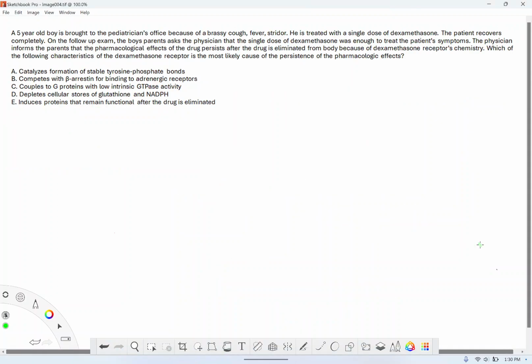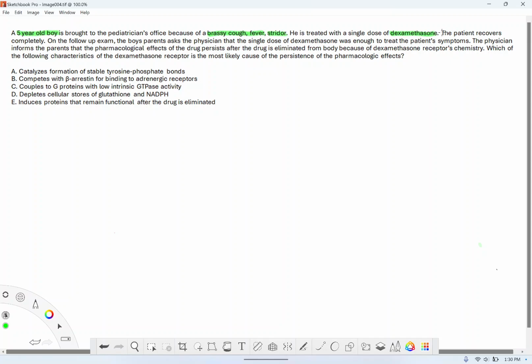Okay, next question is: a 5-year-old boy is brought to the pediatrician's office because of brassy cough, fever, stridor. He is treated with a single dose of dexamethasone. The patient recovers completely. On the follow-up exam, the boy's parent asks the physician whether a single dose of dexamethasone was enough to treat the patient's symptoms.